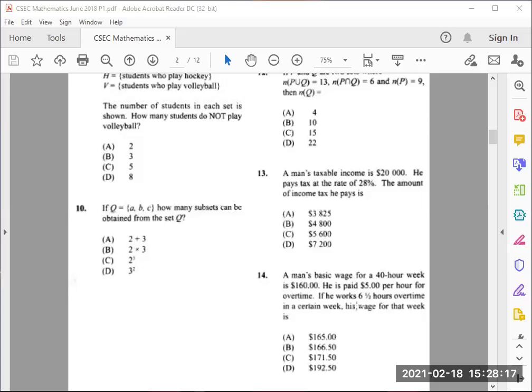Sir, is it 2 to the number of elements? Sheila says C. Anybody else? Sir, is it 2 to the number of elements in the set? The formula for finding the number of subsets is 2 to the n, where n is the number of elements in the set. So number 10 is C.